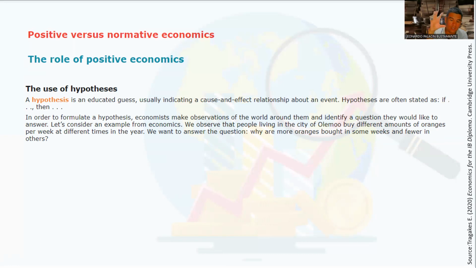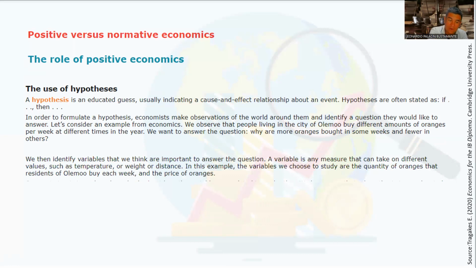So we want to answer the question, why are more oranges bought in some weeks and fewer in others? So this is a task.